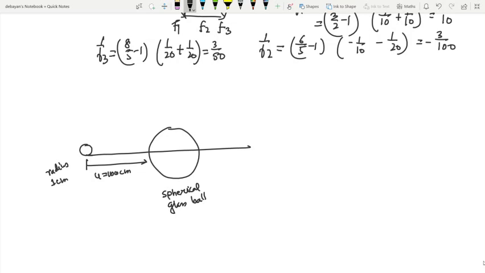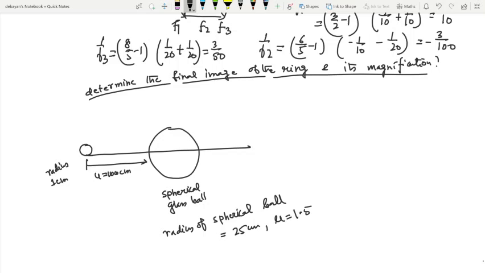So you have to determine the position of the final image of the ring and its magnification. Determine the final image of the ring and its magnification.